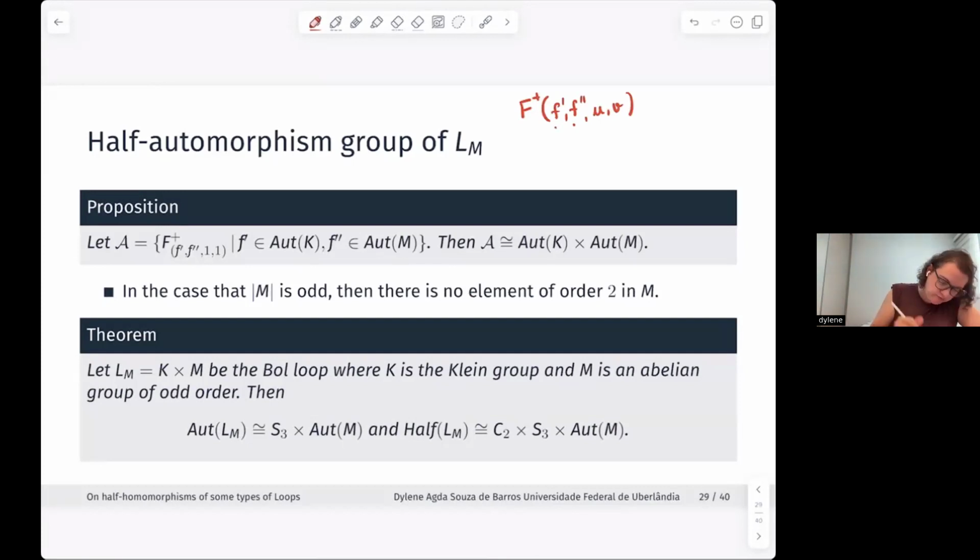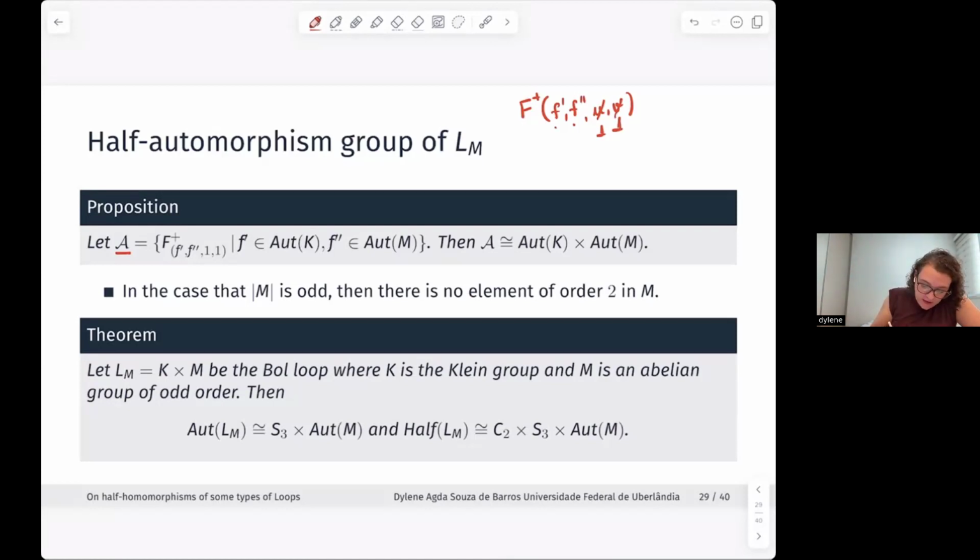We define A as all capital F plus when U and V are equal to 1, okay? So we have that A is isomorphic to the direct product of the group of automorphisms of K and the group of automorphisms of M.